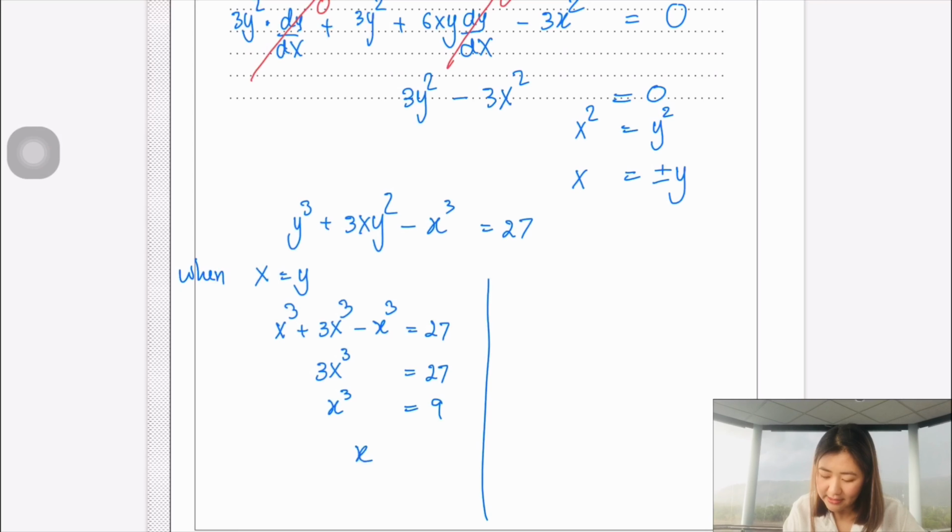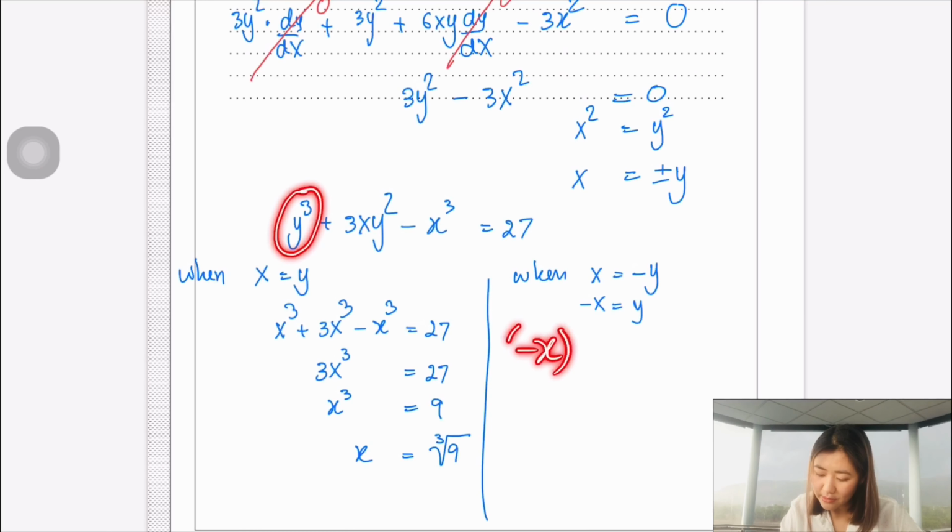Therefore your x is cube root of 9. When x equals minus y, y equals minus x, so here y cubed is minus x cubed.